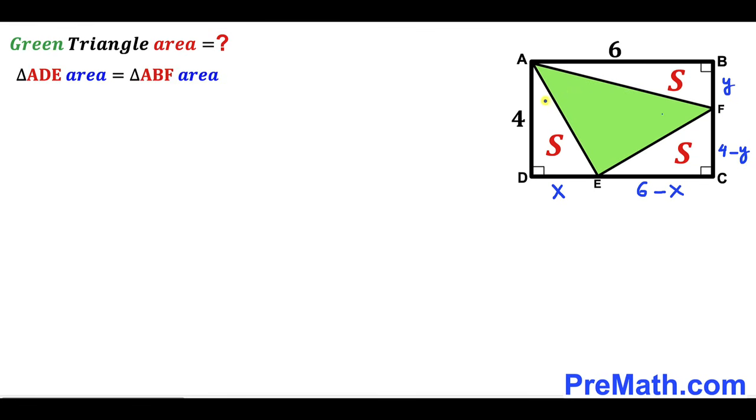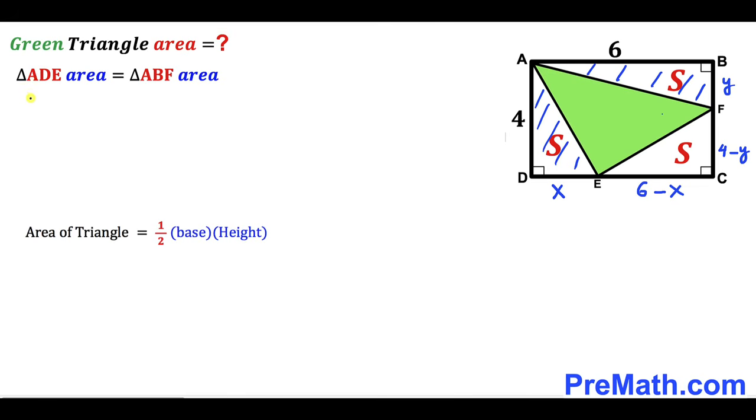And now let's focus on these two right triangles, the right triangle ADE and this other right triangle ABF. We can see the area of both of these triangles is the same. And now let's recall the area of a triangle formula. Area is always equal to a half times base times the height of the triangle. So therefore let's focus on this triangle ADE area. Its area is going to be equal to a half times the product of its two dimensions x and 4.